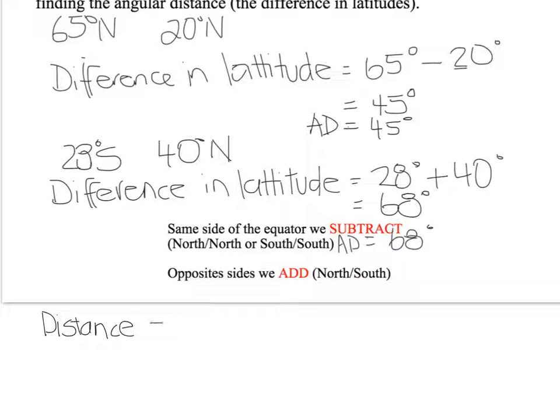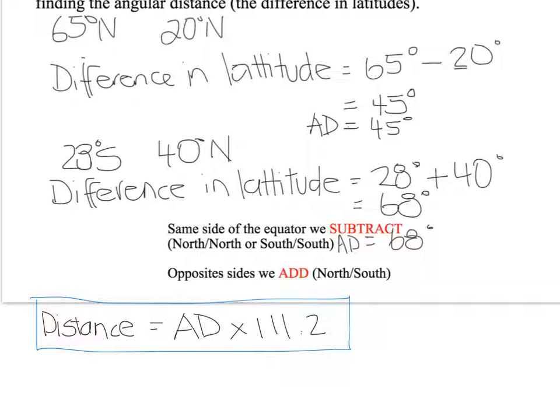To find the overall distance, we multiply the angular distance by our 111.2. And that will allow us to calculate the distance between the 2 points on a great circle. So this here, again, is an important formula.